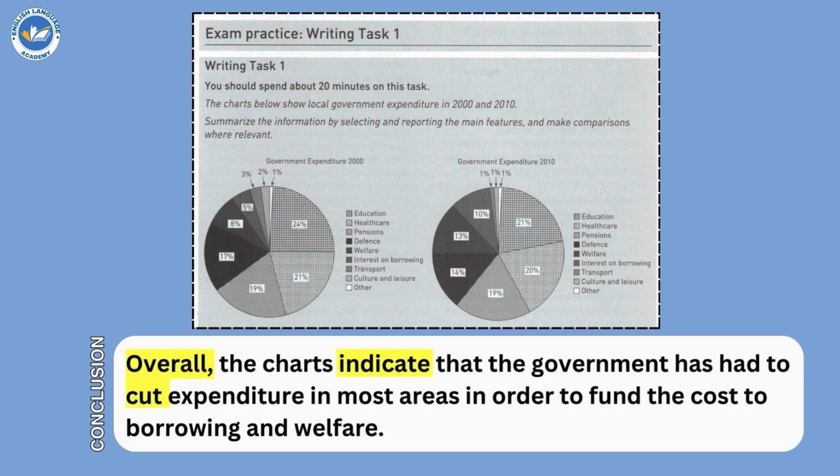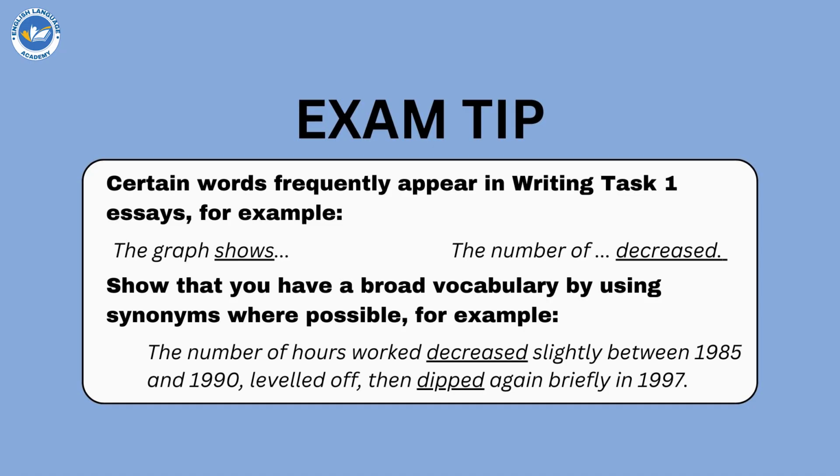Now, just before we wrap up, I wanted to leave you with one exam tip, which is also from this book. It tells us that certain words frequently appear in writing task 1 essays. For example, the graph shows the number of something decreased. You need to show that you have a broad vocabulary by using synonyms where possible.